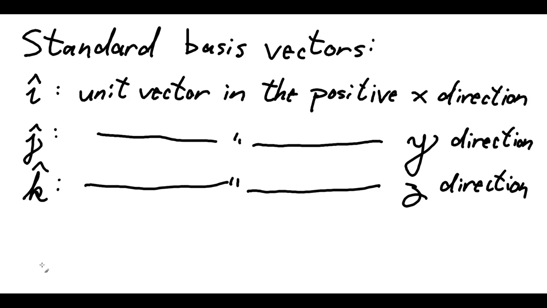So in 2 dimensions, in the usual orientation, we would have a vector i pointed to the right. Let me do a couple of things here. First, I keep forgetting that there are easy ways to draw straight lines in this program, so that helps.